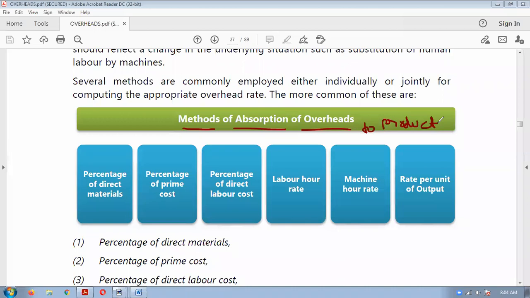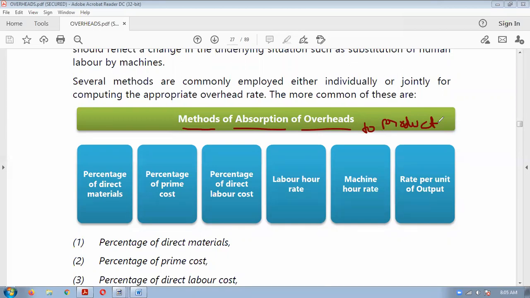Like direct material, we can say that this material is used for the furniture section, this material is used for the textile section. But we cannot say that the office person has worked this much for the textile section and this much for the furniture section, because he will sit in the office and do accounting.